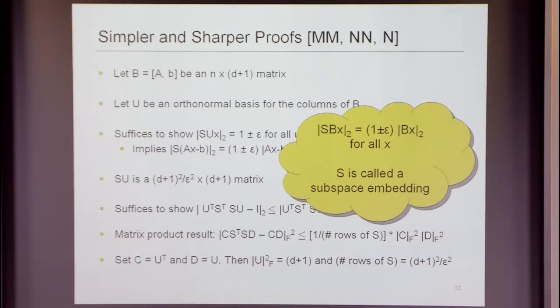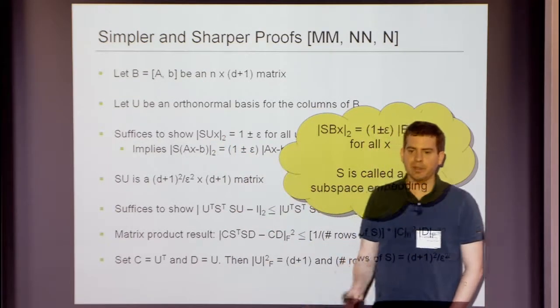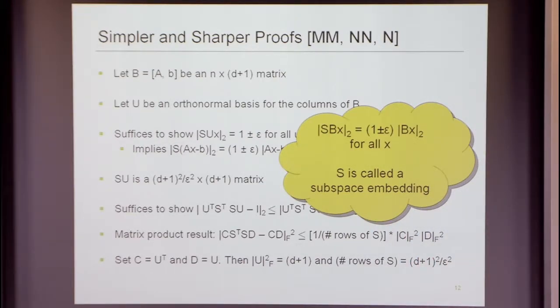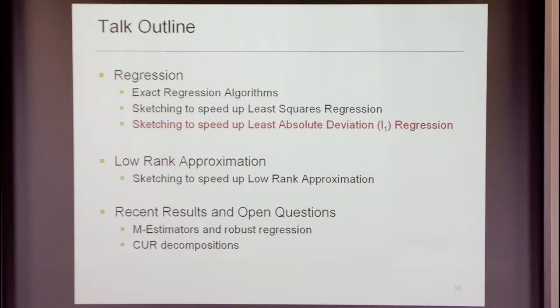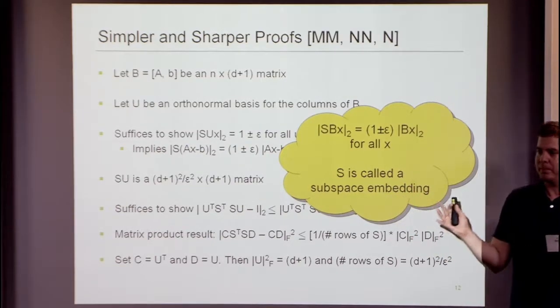So we showed that, with d squared over epsilon squared rows, S is a subspace embedding for a d-dimensional space. All right. That concludes the part on least squares regression. At this point, you've shown the correctness, and you just solve the problem in the sketch space.